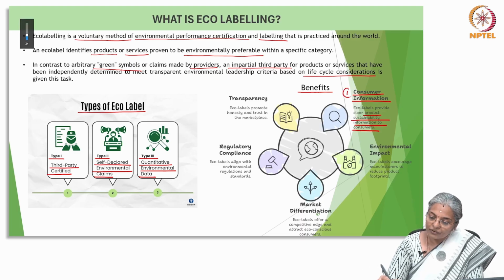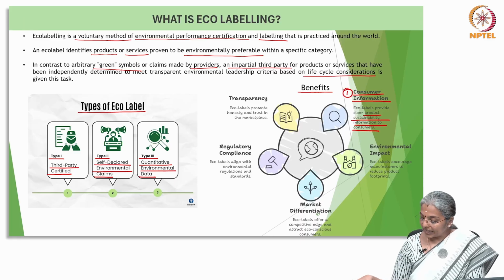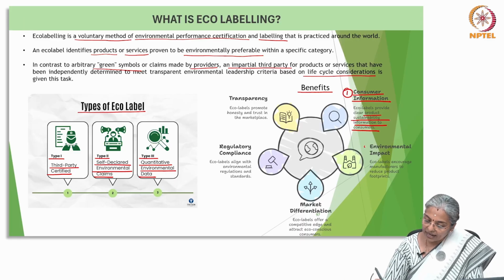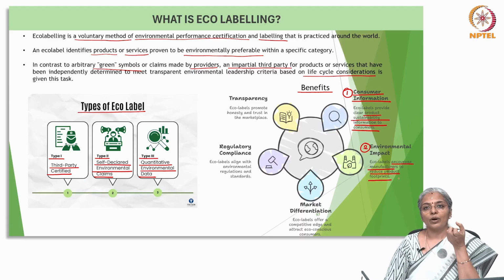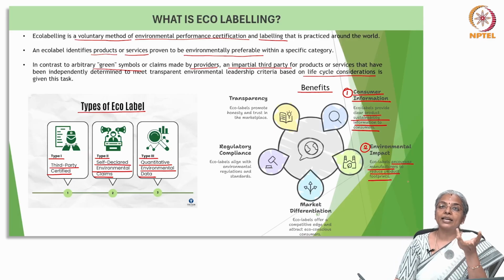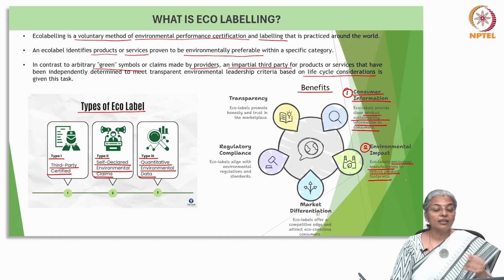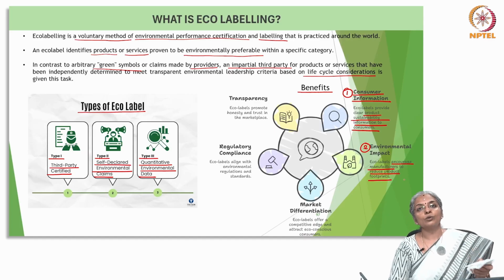That is the first benefit. The second benefit is the environmental impact. Eco-labels will encourage the manufacturers to reduce product footprints, because now you have an understanding of the measure of issues related to environment by either using that product.